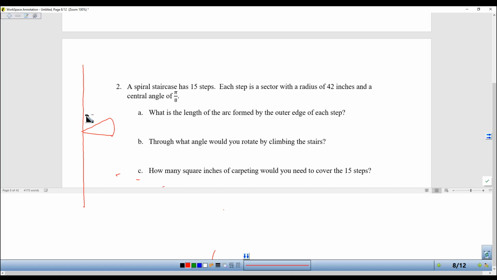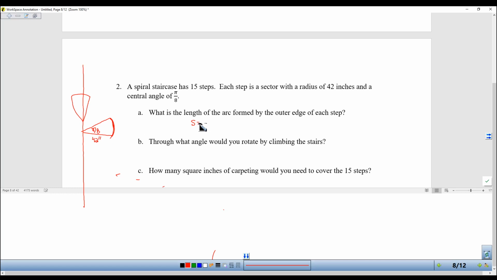So there's my pole, and then they would keep going around, but they're also going up. Yeah, I have no shot. So I can tell you that this angle is pi-8, and each step has a radius of 42 inches, which is a double line. What is the length of the arc formed by the outer edge of each step?